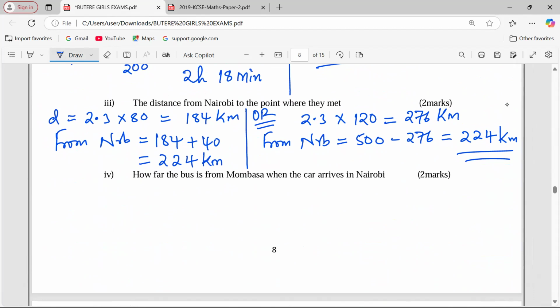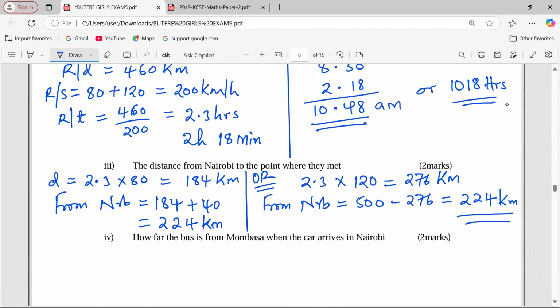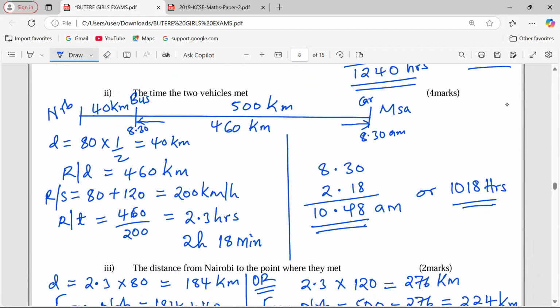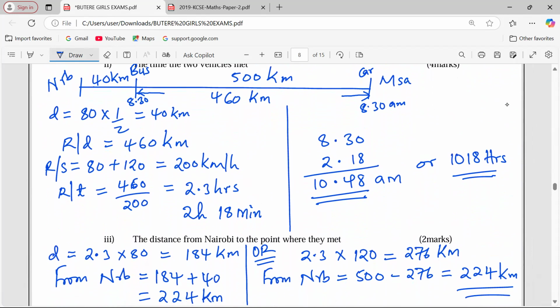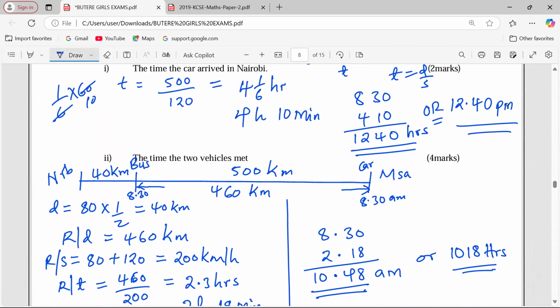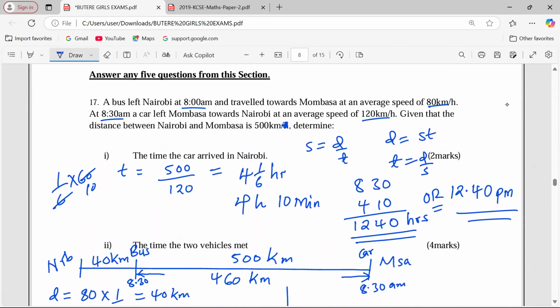So how far is the bus from Mombasa? You know, the bus is the one going to Mombasa. We can check the distance it will have traveled, all the way from 8, that is the time the bus started moving, up to the time the car will arrive, which is 12:40.